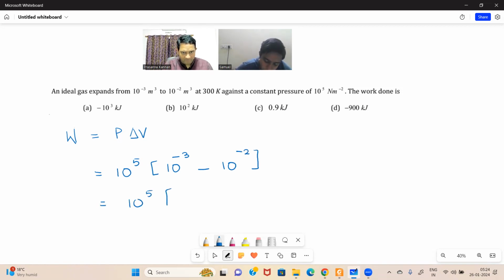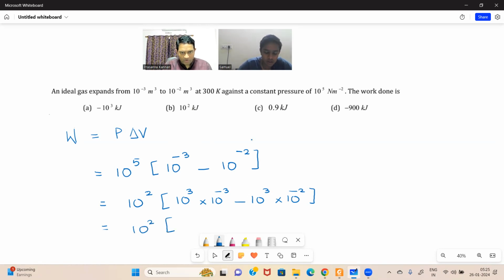It's 10 power 5, keep 10 power 2 in. Let's say I keep 10 power 2 here, and I take 10 power 3 inside. So I'll get 10 power 3 into 10 power minus 3, minus 10 power 3 into 10 power minus 2. What is 10 power 3 into 10 power minus 3? 1.